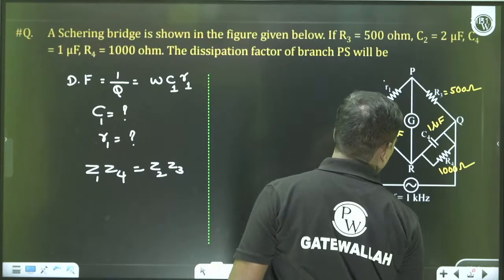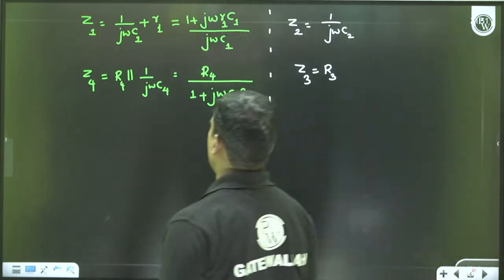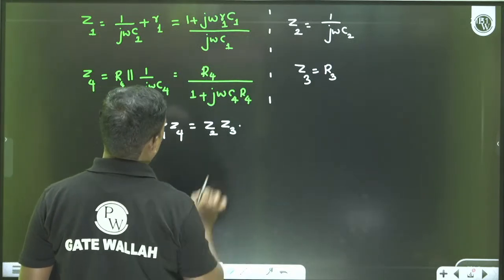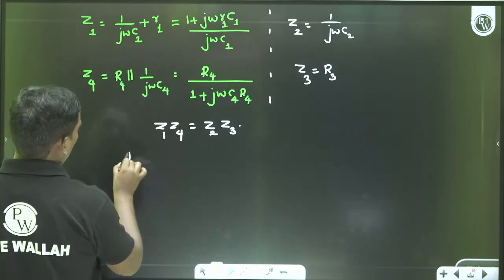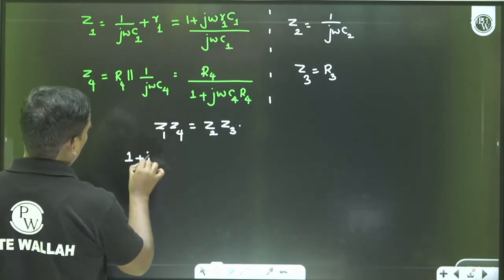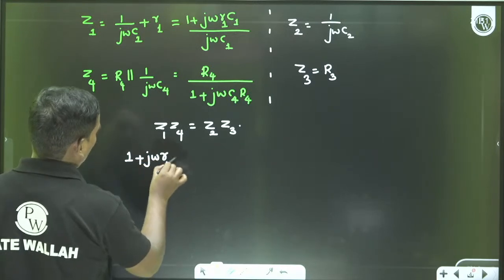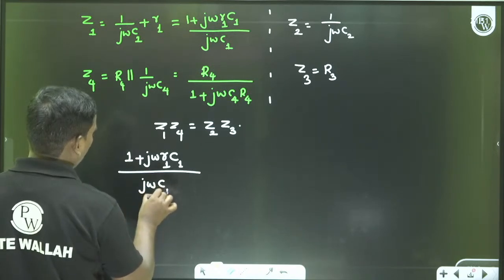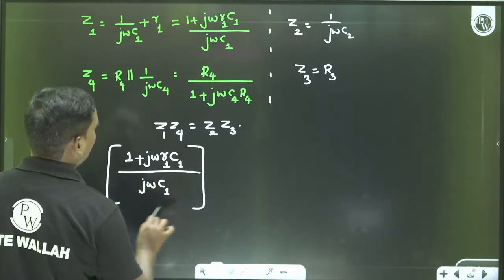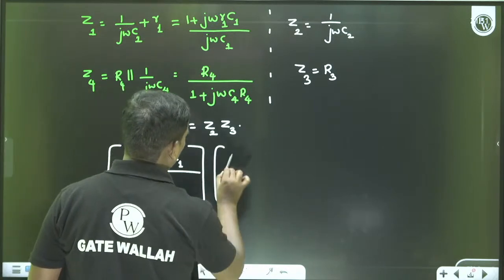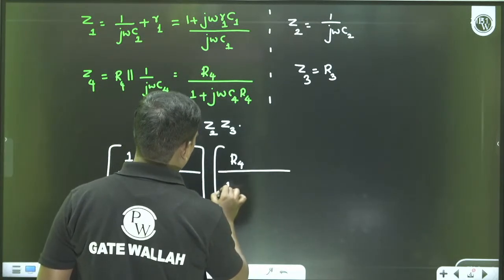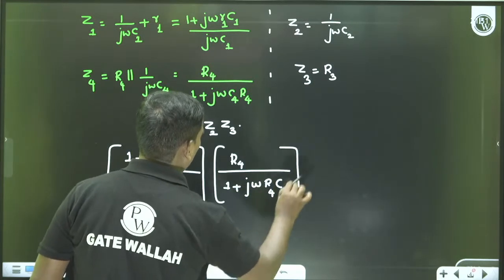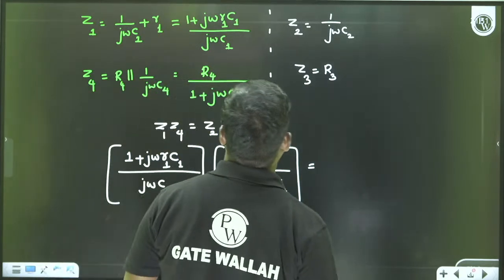Okay. Chalo, fatafat. We'll solve. Z1 into Z4 is equal to Z2 into Z3. So Z1 is 1 plus j omega R1 C1 divided by j omega C1, and Z4 is R4 by 1 plus j omega R4 C4. Z1 into Z4 equal to Z2 into Z3.